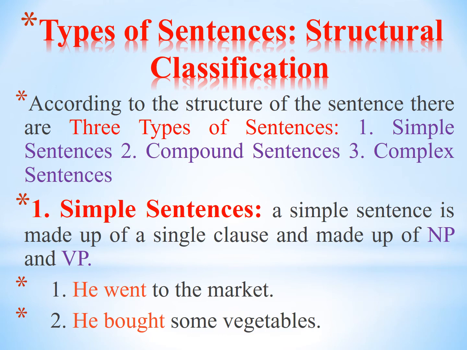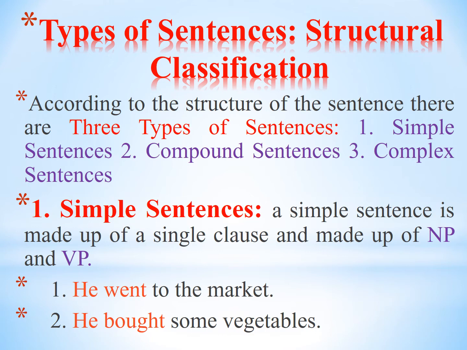They do not depend on another clause for getting their meaning. They have their own meaning, they can stand by themselves. Thus, noun phrase and verb phrase are combined together and this is called a simple sentence.